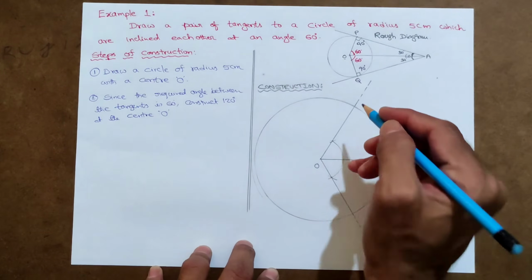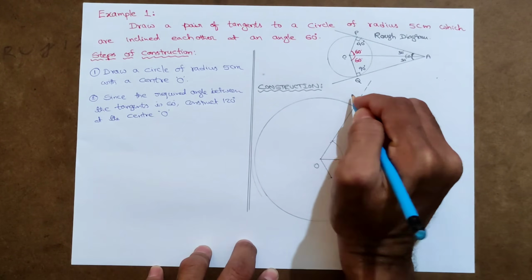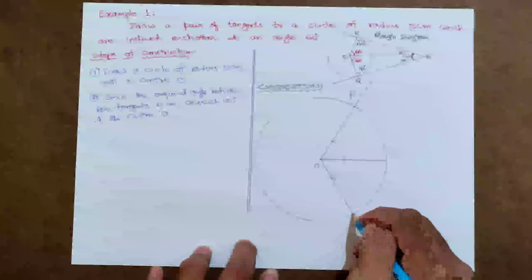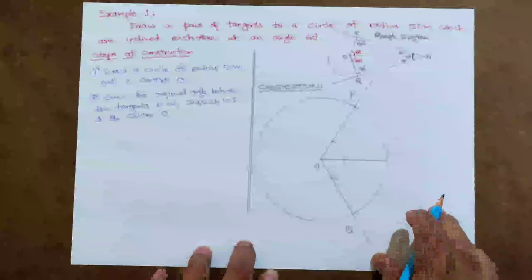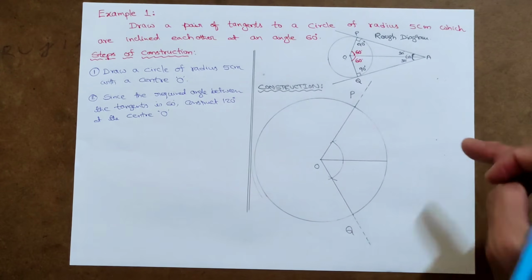Now consider this point as P, this point as Q. Now from P we need to draw a tangent, from Q also we need to draw a tangent.